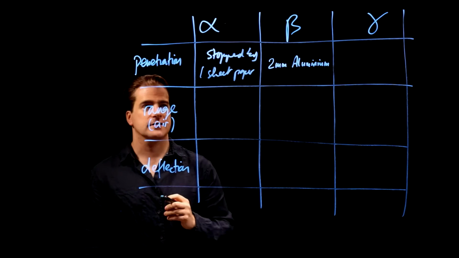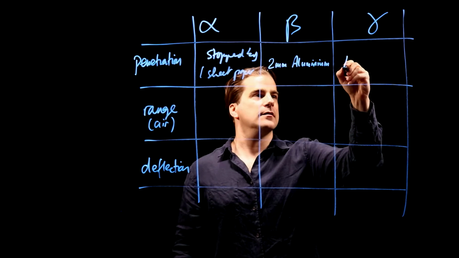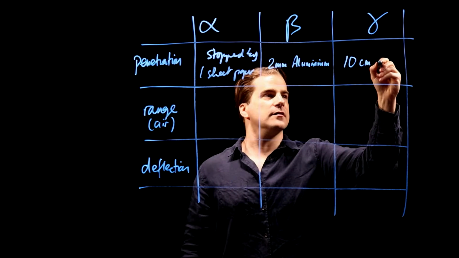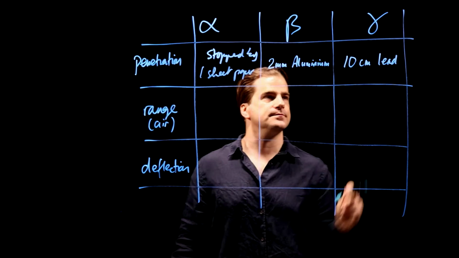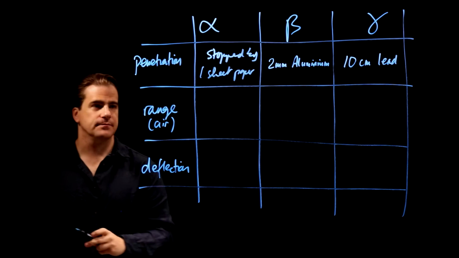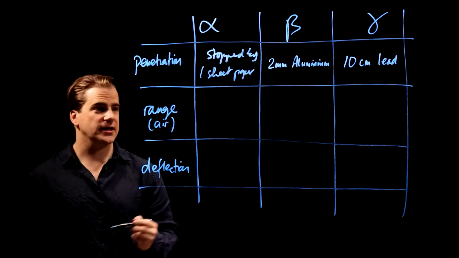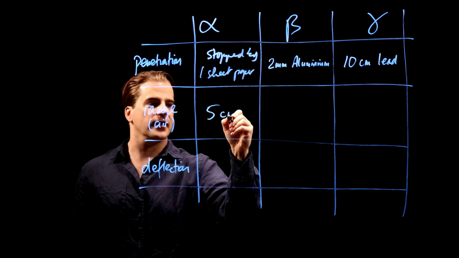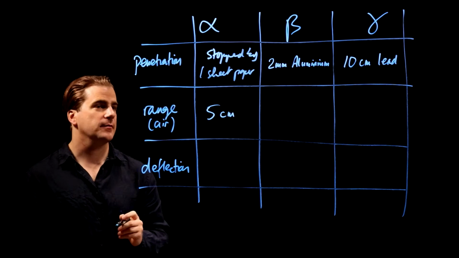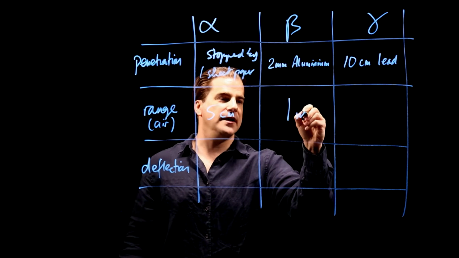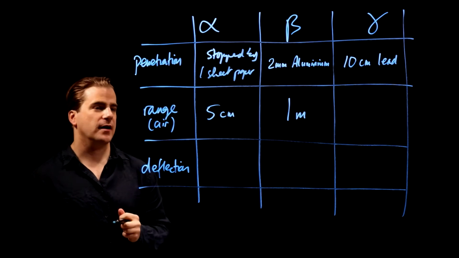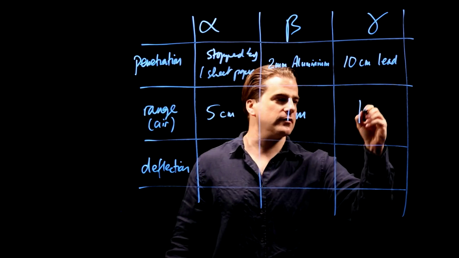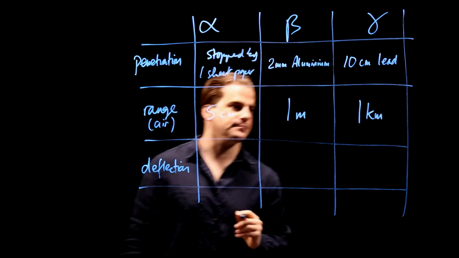And gamma particles, they're stopped by about 10 centimeters of lead. Okay, alpha particles range in air about 5 centimeters. Beta particles about 1 meter. Gamma particles range in air about 1 kilometer.